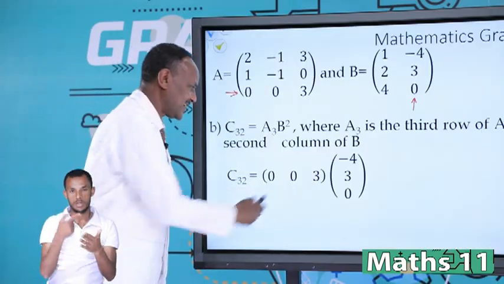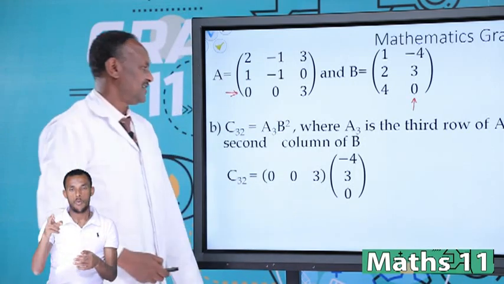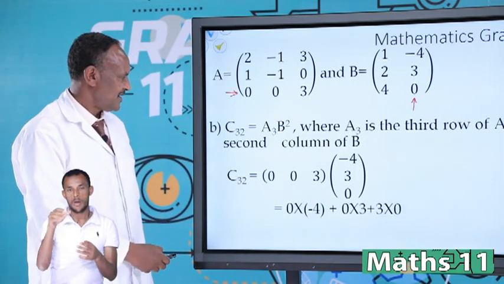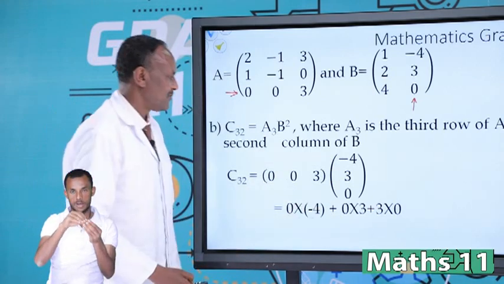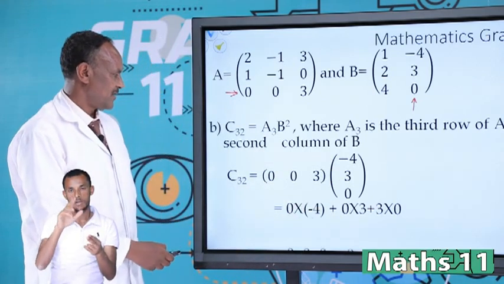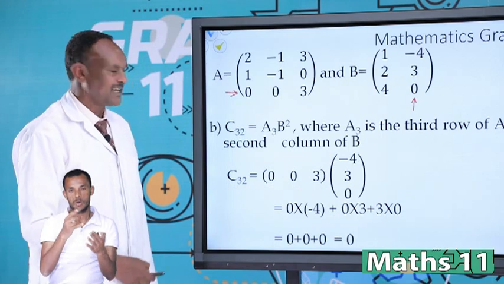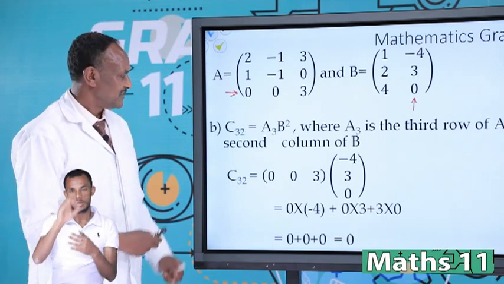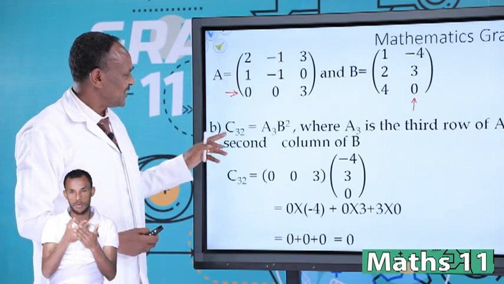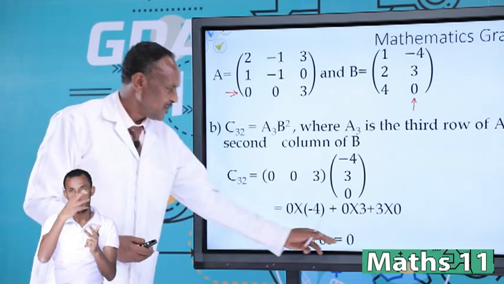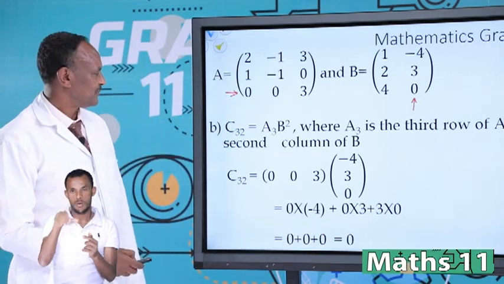This is a row matrix times a column matrix, so multiplication is defined: 0 times -4 plus 0 times 3 plus 3 times 0. When this is added up, you will get a result equal to 0. That means in the product, the element found in the third row and the second column is equal to 0.